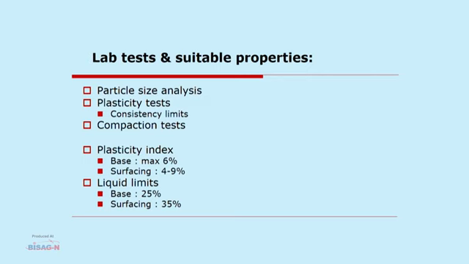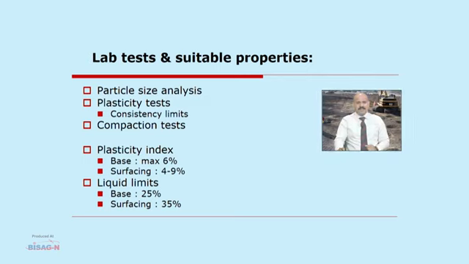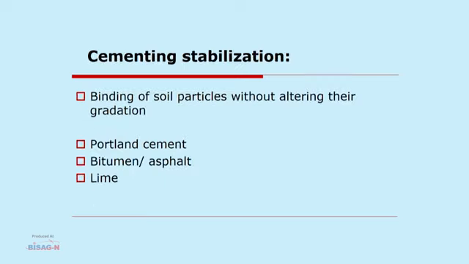Lab tests and suitable properties: particle size analysis, plasticity test, consistency limit, compaction test. Plasticity index: base should be a maximum of 6%, surfacing a maximum of 4 to 9%. Liquid limits: base 25%, surfacing 35%.